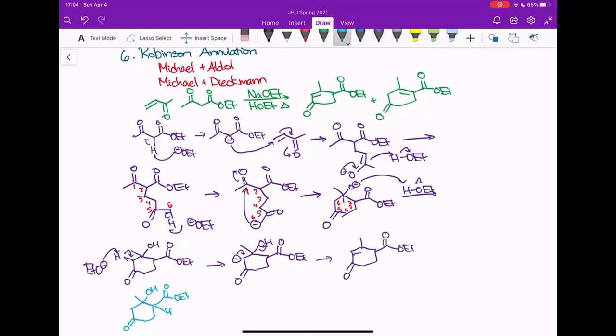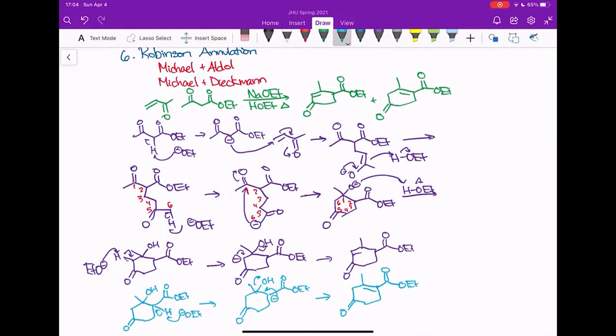And then in my blue one, it's the same mechanism, where you go ahead and deprotonate first. And then your E1CB elimination occurs. Okay. And so that's how you get your two different products for this example.